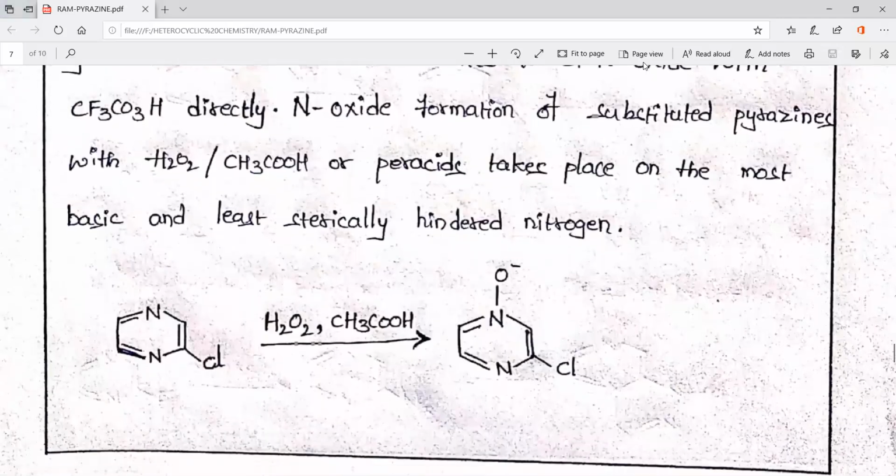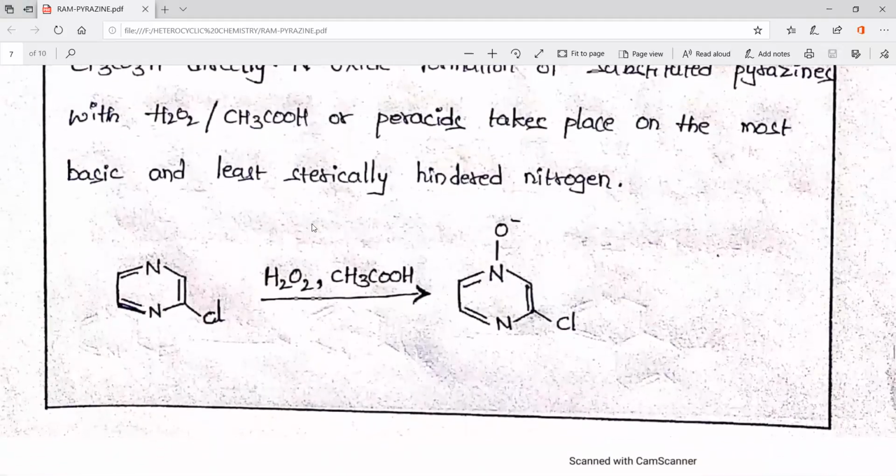So here we can see the 2-chloropyrazine. There is a substituent here. Therefore, this nitrogen is hindered and this is not hindered. Therefore, N-oxide is formed by the least hindered nitrogen atom of the pyrazine ring system.